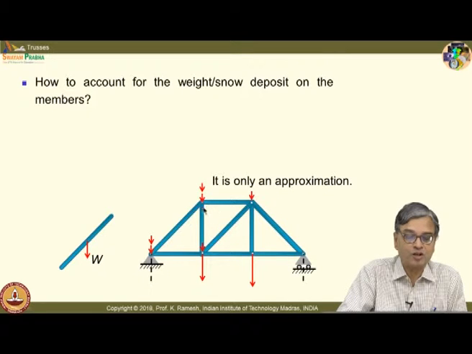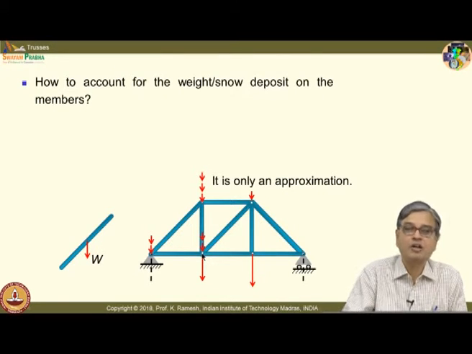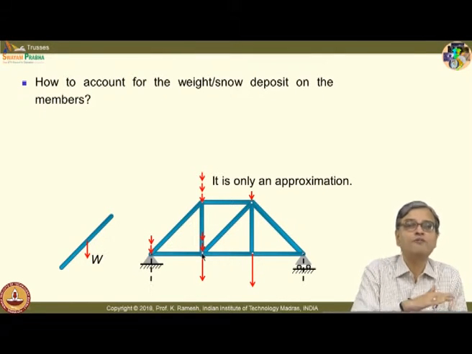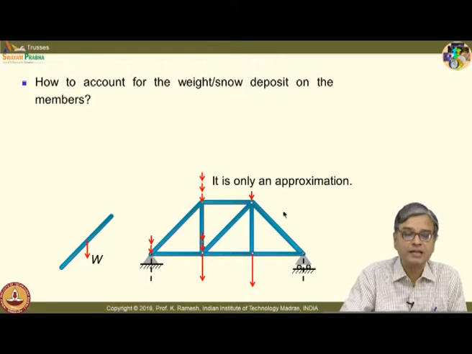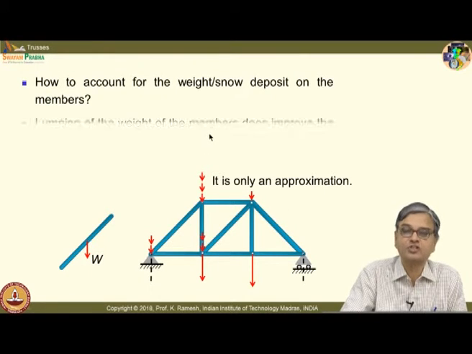Suppose I want to accommodate the weight of this member, I should put the forces like this. On the other hand, if I have snow, you have to be careful which of the members are loaded. Fine. And this you can carry on and complete for all other joints.